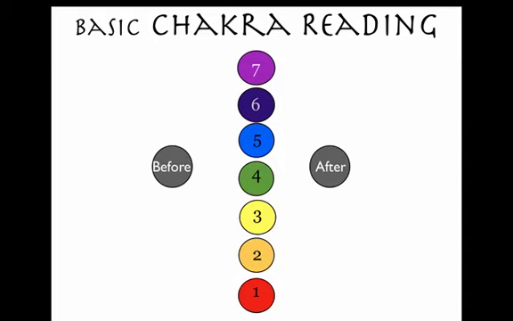And what I usually suggest that people do when they're checking out the reading here and the cards they got for each chakra center is the first thing that I would really pay attention to in the reading.